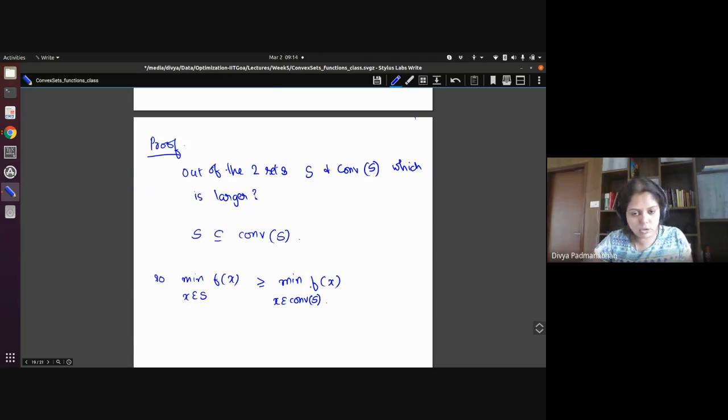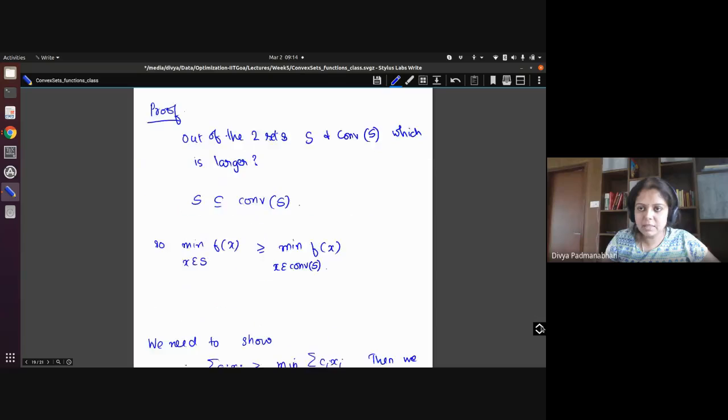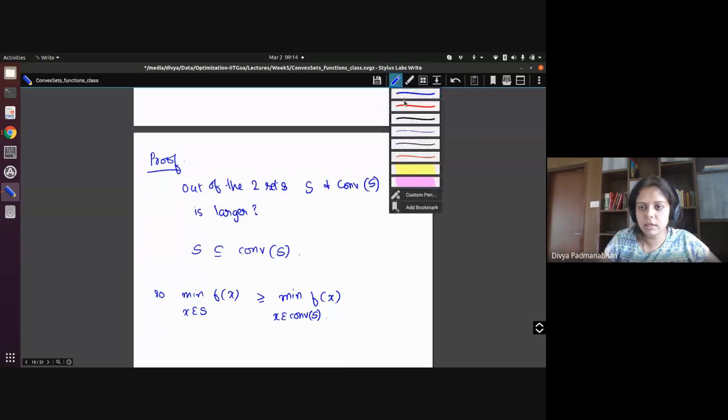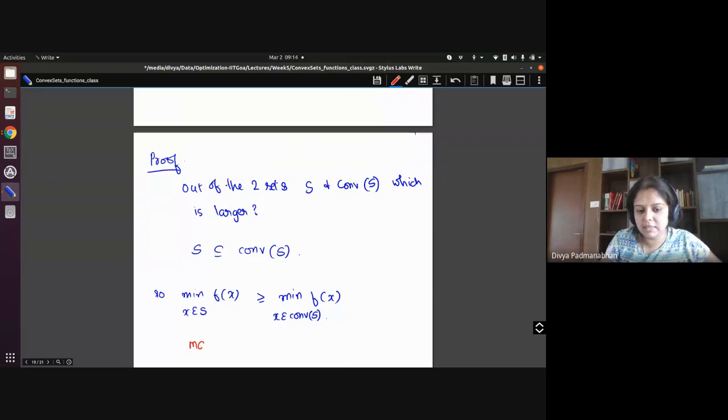So the minimum over the convex hull is lower than or equal to the minimum over S. What about maximization? Can someone tell me what happens? Suppose I do max of f of x over x in S, and max of f of x for x in the convex hull.